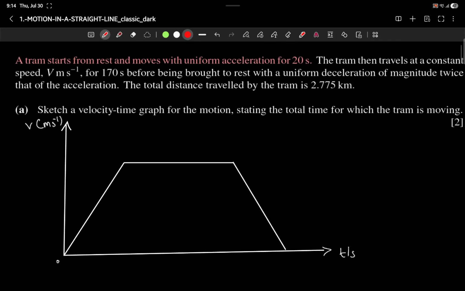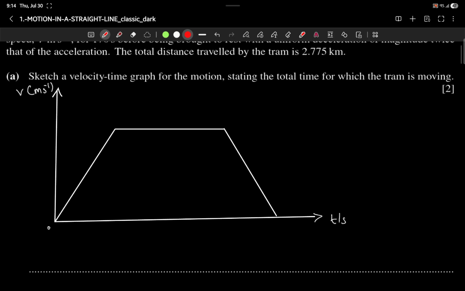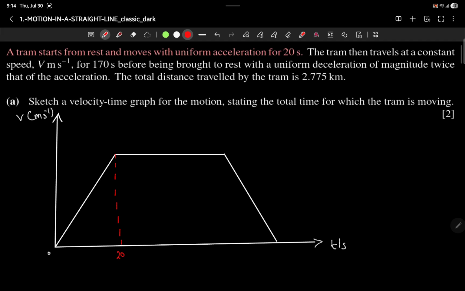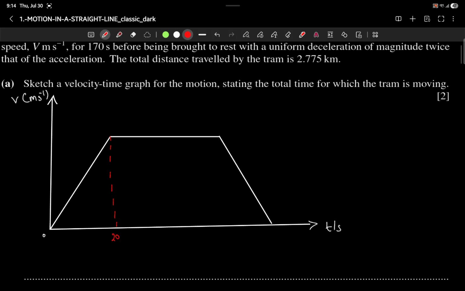For 20 seconds it accelerates, so this is 20. Then it travels at constant speed for a further 170 seconds. What is 170 plus 20? It's 190.